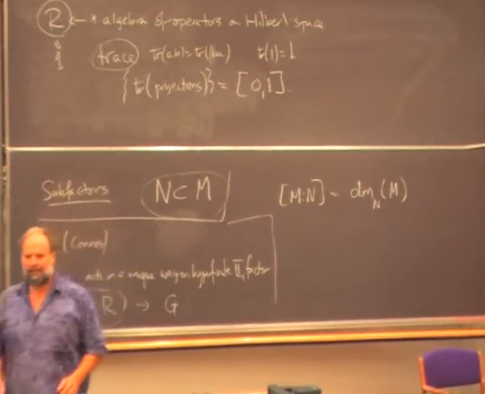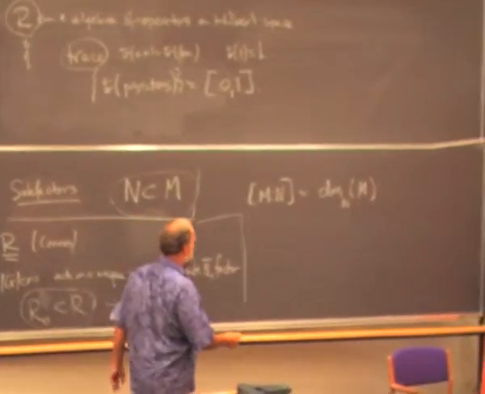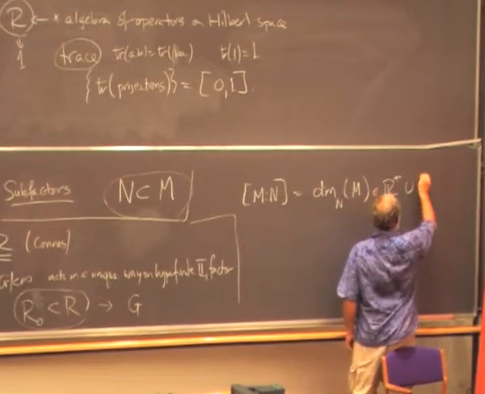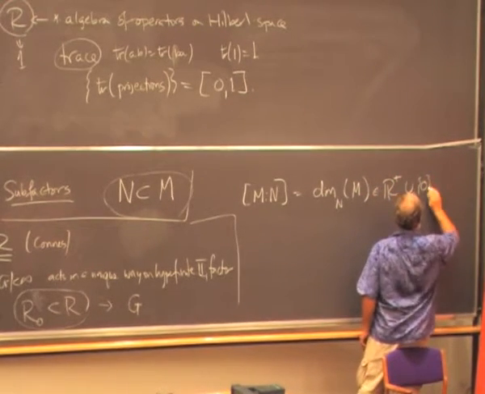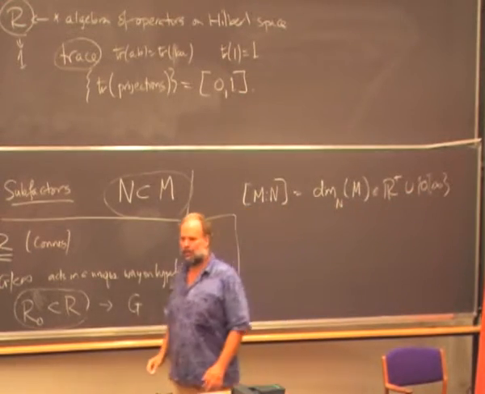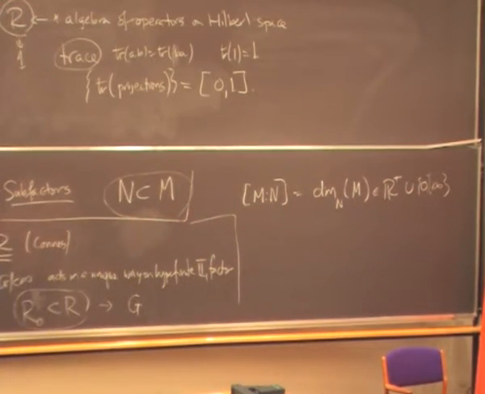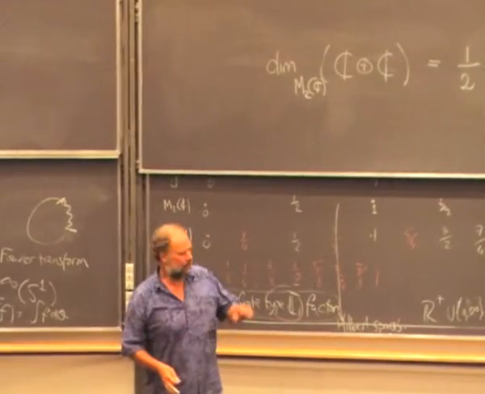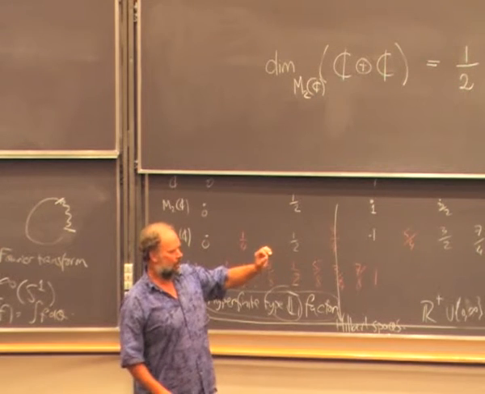Okay? It's a perfectly fine real number. Because according to Murray and von Neumann's great big deal at the beginning, the dimensions of modules or vector spaces over these II_1 factors are real numbers.